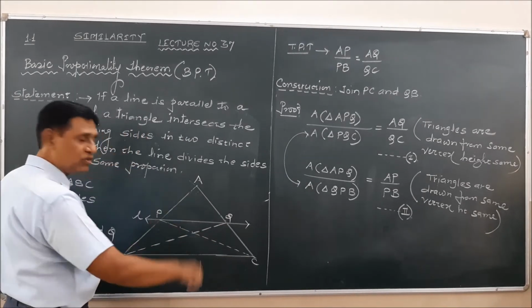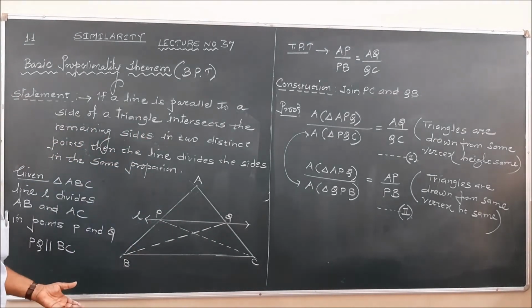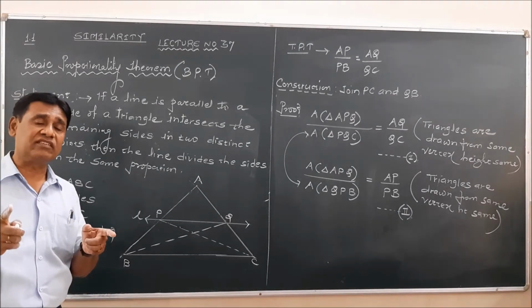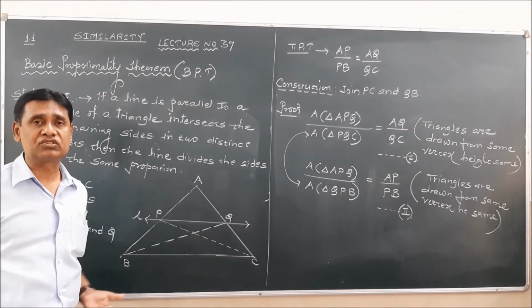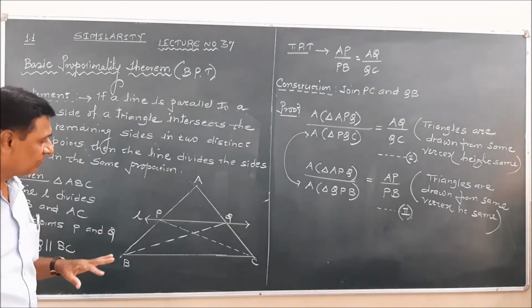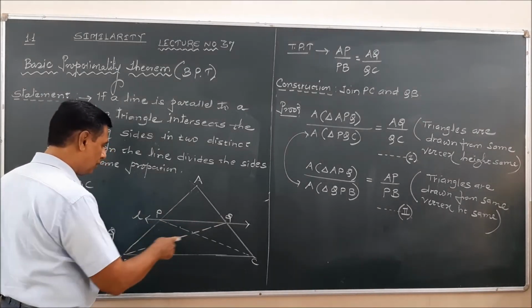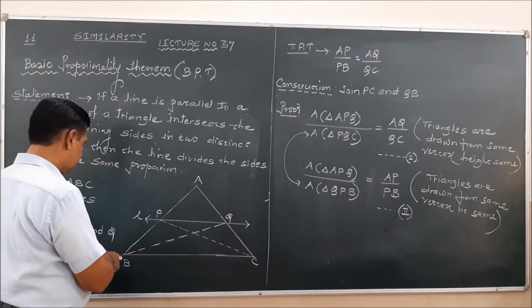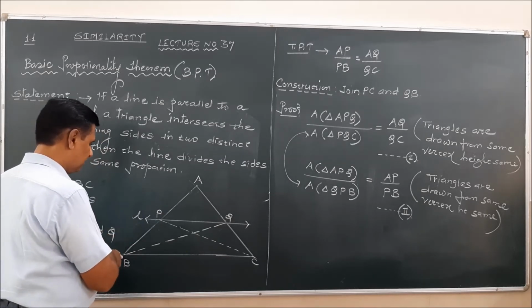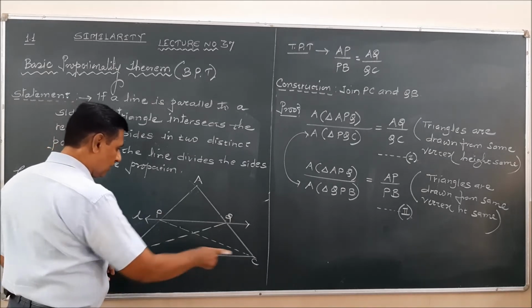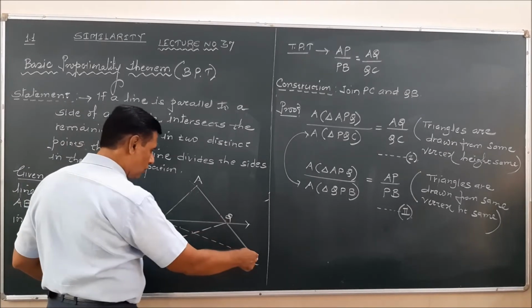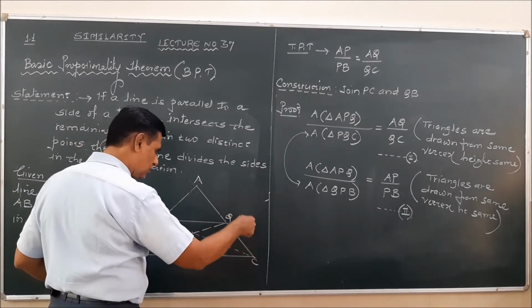CPQ, base is PQ. Base is same. As well as if I claim height is also same, you'll say how height is same? Very simple. For PBQ, height is the distance between these two parallel lines. As well as for CPQ, height is the distance between these two parallel lines.